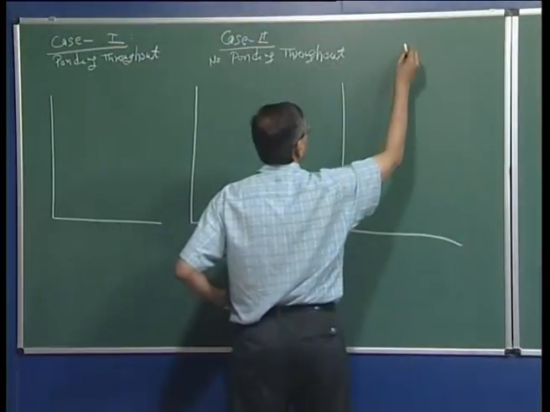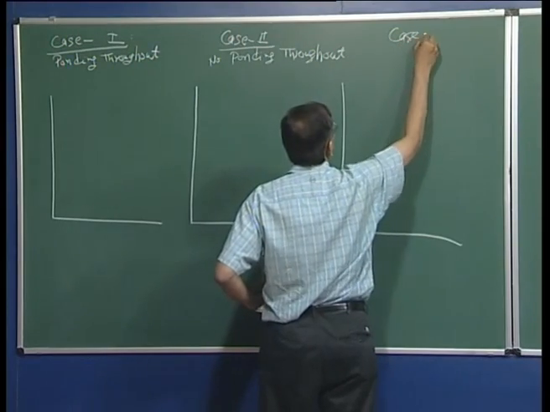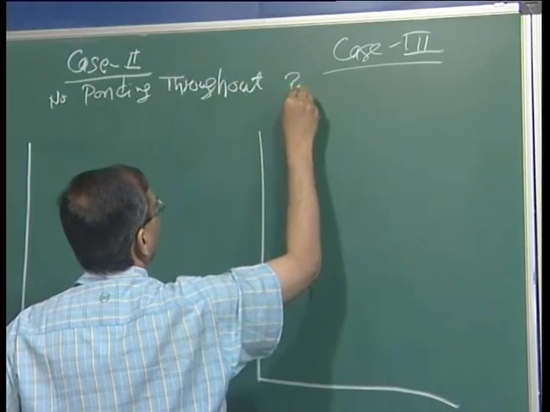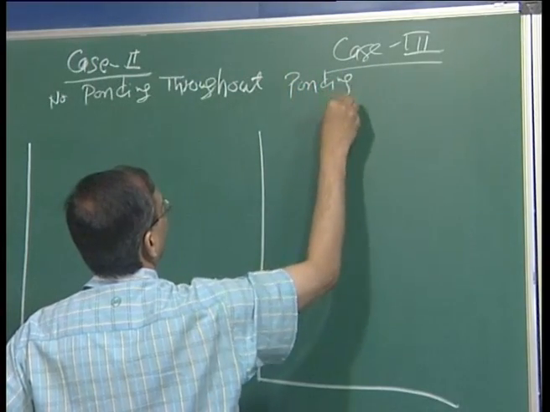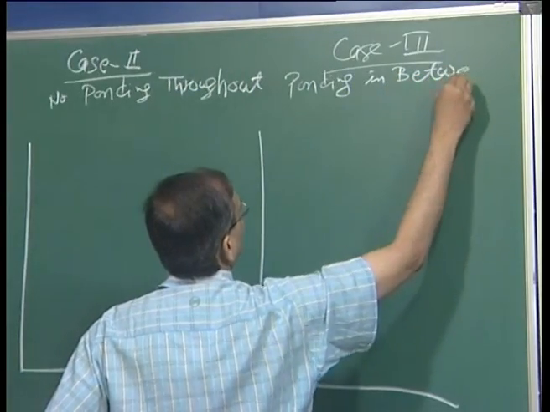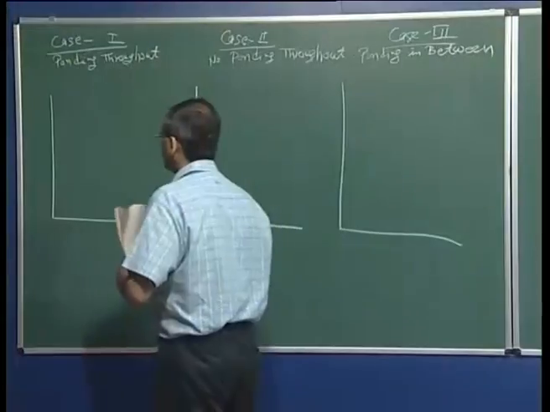And then we will have case 3, which is ponding somewhere in between, or part way during the interval.